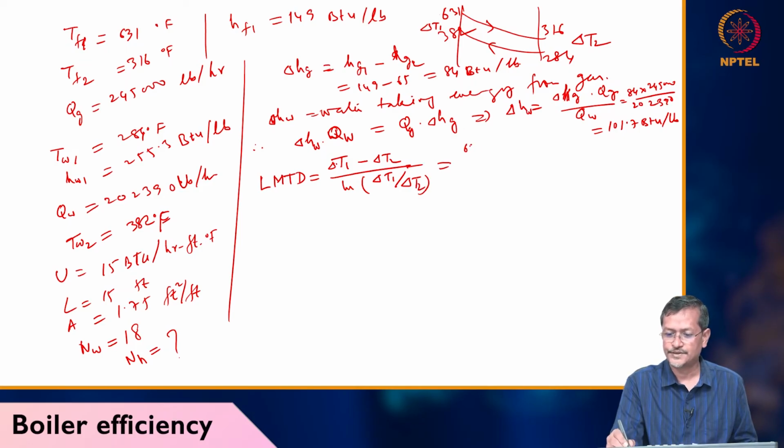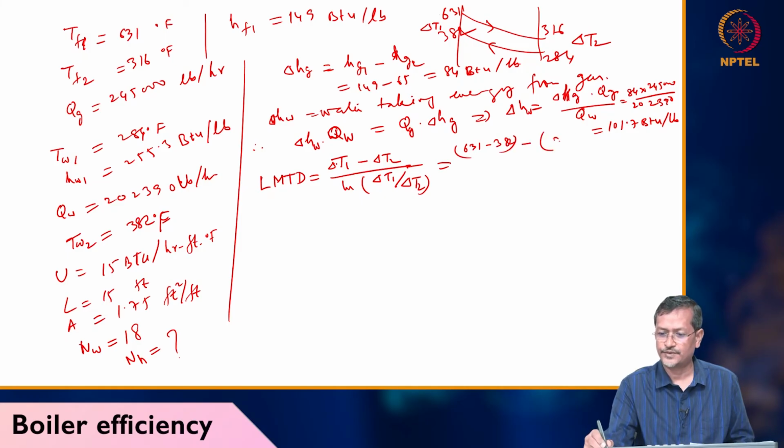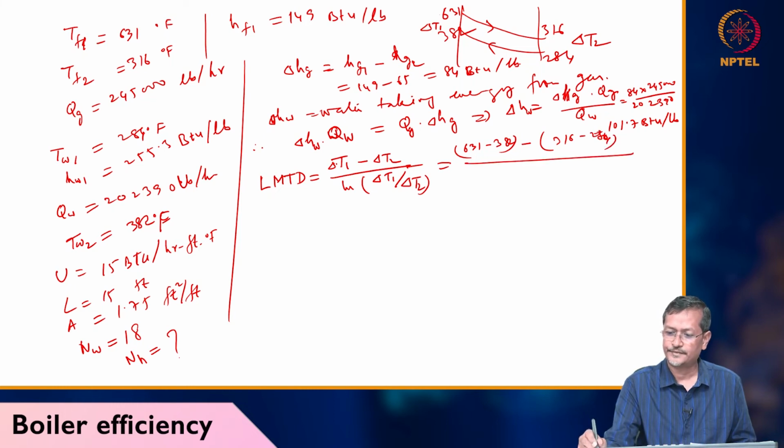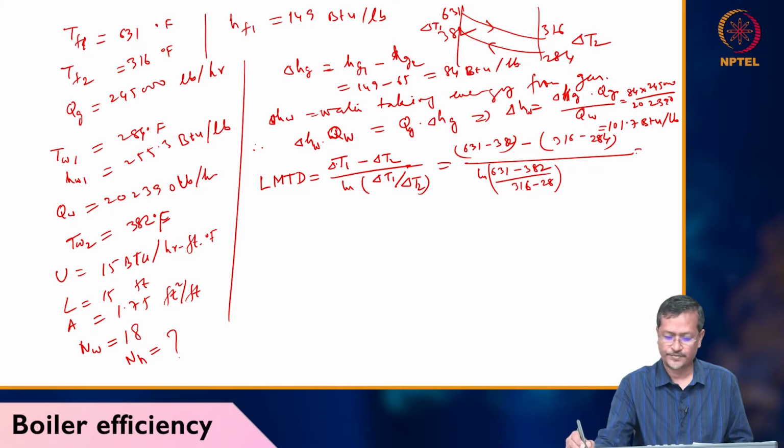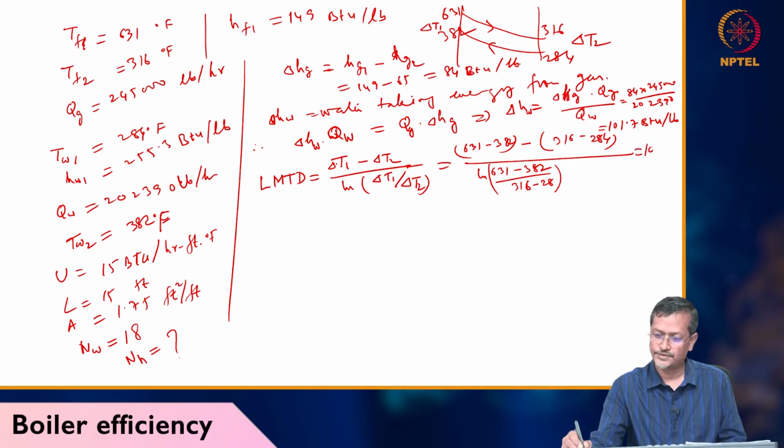Del T1 is 631 minus 382, del T2 is 316 minus 284. So LMTD equals (631 minus 382) minus (316 minus 284) divided by logarithm of (631 minus 382) divided by (316 minus 284). If I calculate this one, then 105.6 degree Fahrenheit is coming.